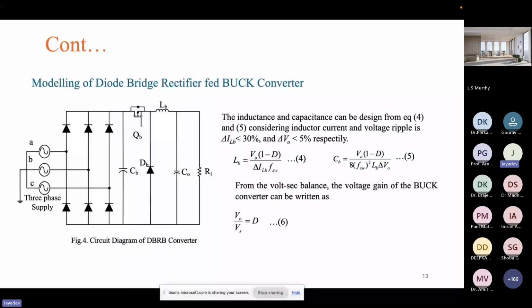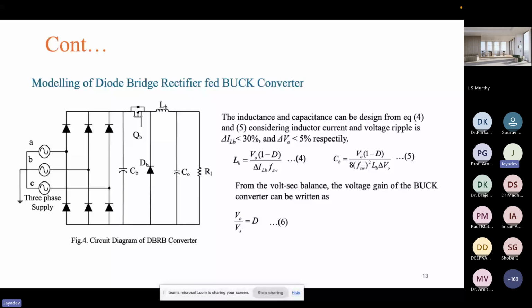Coming to the buck converter, in a similar way we keep in mind what type of system we are going to integrate with this buck converter. For that, we take the machine rating, how much rating of machine is available in the lab, keeping in mind that it will decide the V naught. V naught is your DC link voltage that will be connected on the output side of the buck converter.